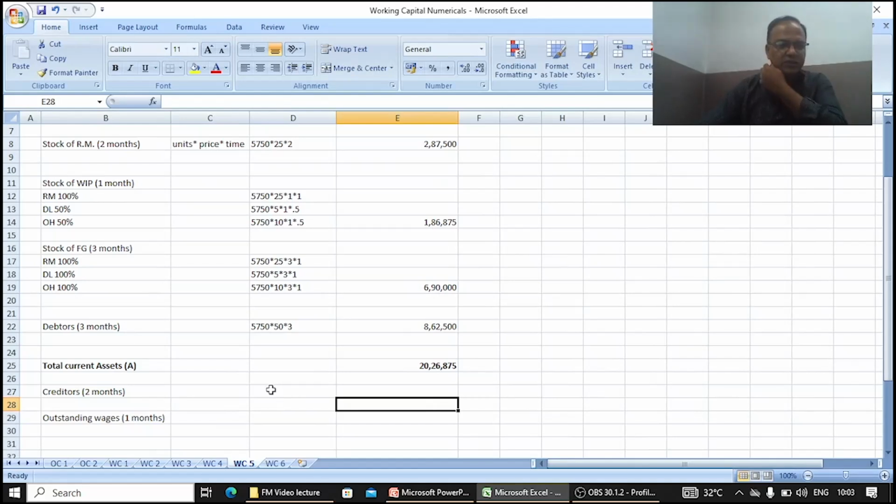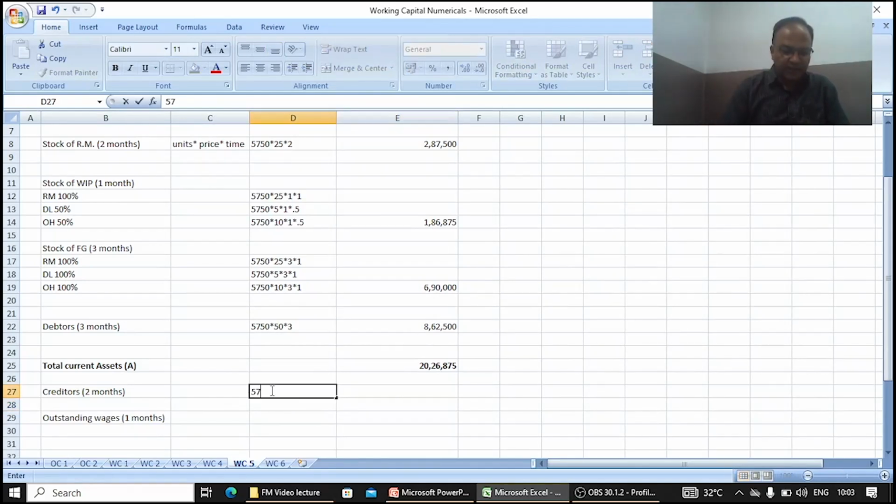Creditors. Now calculate it: 5750 into price. Price is 45, into 2. That will be 287,500.